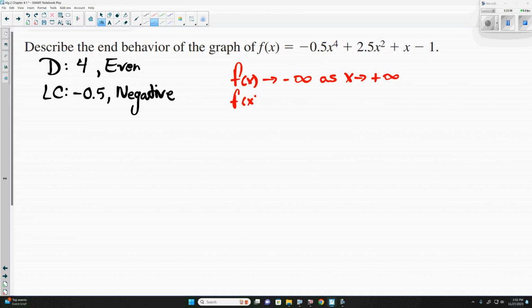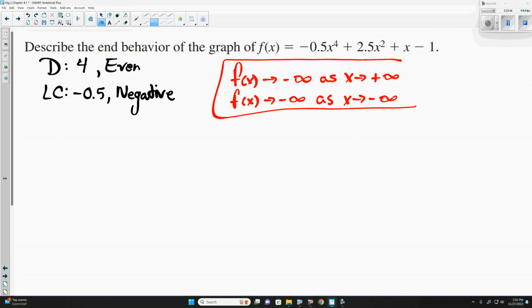We also have that f of x approaches negative infinity as x approaches negative infinity. That's it. All that's saying is as the values of x increase to the left and right, the y values are eventually going to go down.